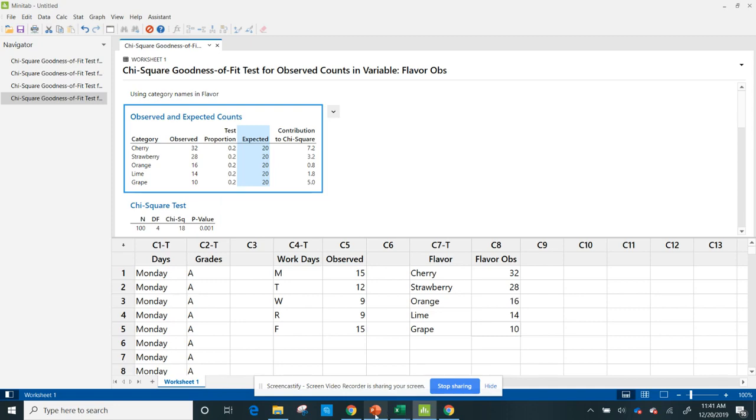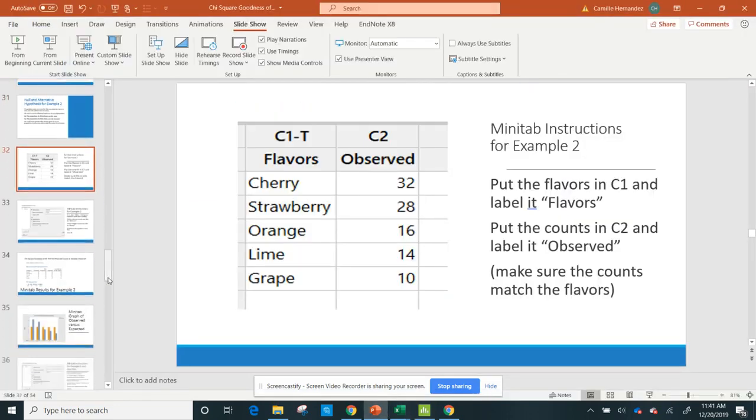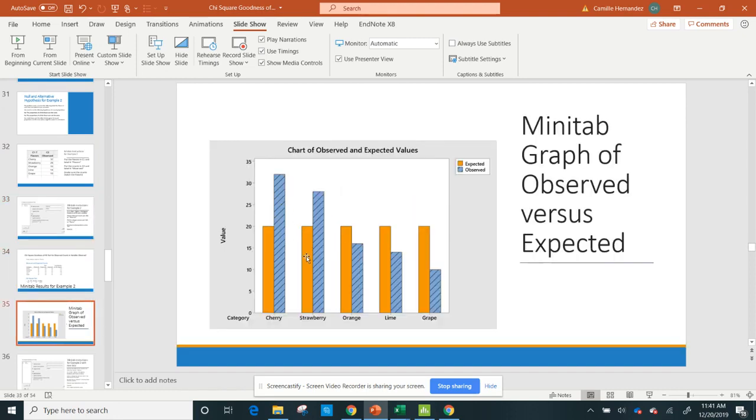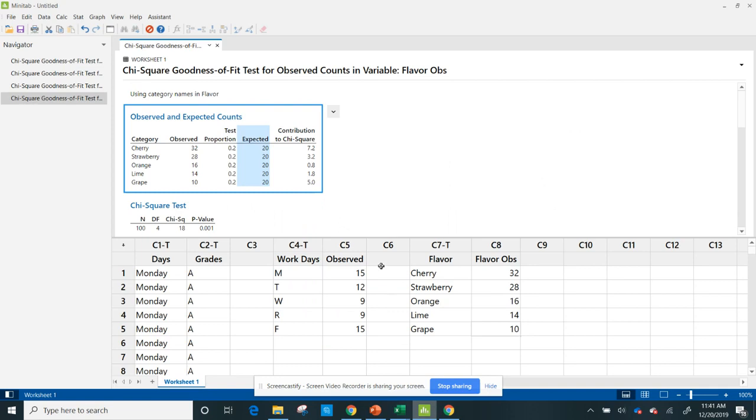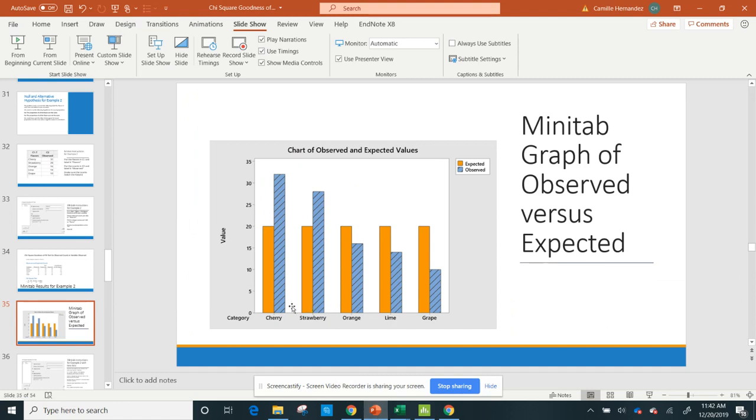So let's go ahead and go back to my PowerPoint and keep going. All right, so you can see the slides where I show you what to do. And the wonderful thing too is I'm looking at the graph, and I can do it here or in Minitab, but I'm going to do it in the PowerPoint because it looks a little bit better. Look. My observed for cherry was really high and my strawberry was really high and my grape was kind of low.